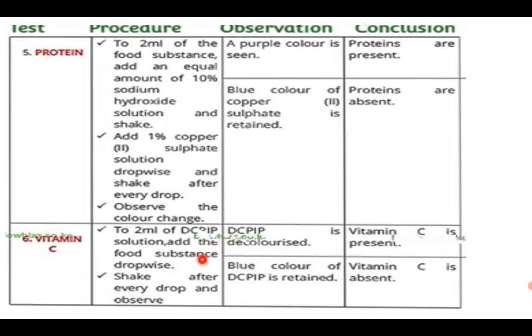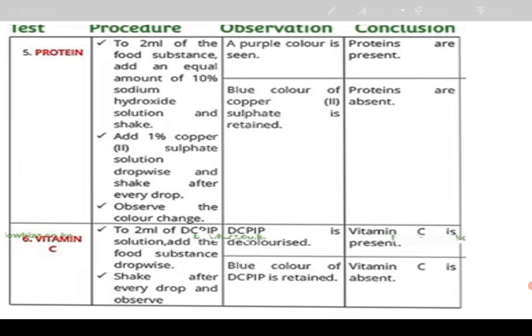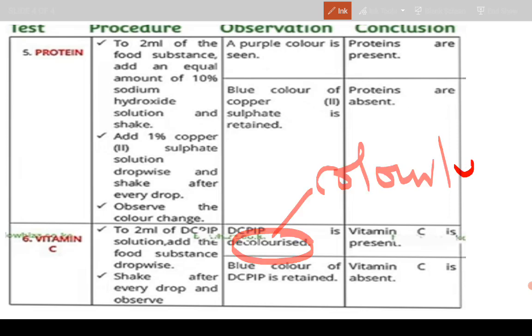Naturally, the DCPIP is blue in color before you add any food substance to it. So if there is vitamin C, the DCPIP is going to be decolorized. Okay, so in other words, it is going to turn colorless.